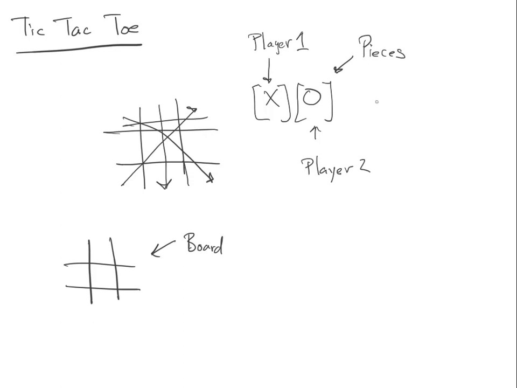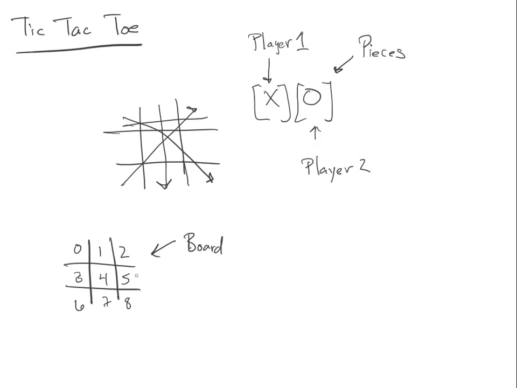All right, so now when we think about all the data structures that we've learned and how to create data structures, we have a pretty good idea how we could create a board. We could do a 2-dimensional array, or we could do a single array and just have 9 slots, and this could be 0, 1, 2, 3, 4, 5, 6, 7, and 8.